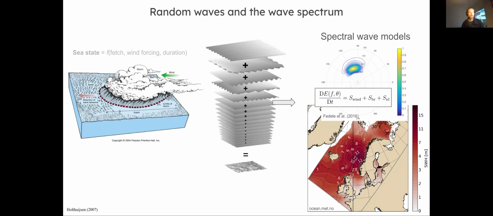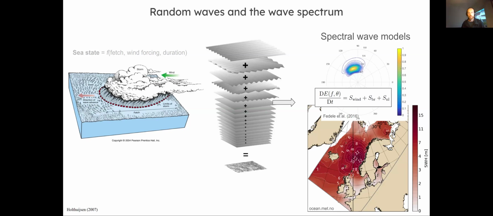These source terms are basically parameterizations for the effects of nonlinear processes that we don't have simple analytic formulas for. So the most important source terms in deep water far from the coast are the input of energy by the wind and the removal of energy, or dissipation of wave energy, by breaking, which is also called whitecapping in the open ocean.